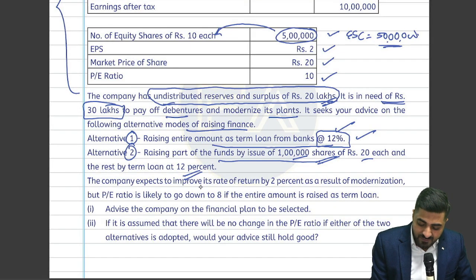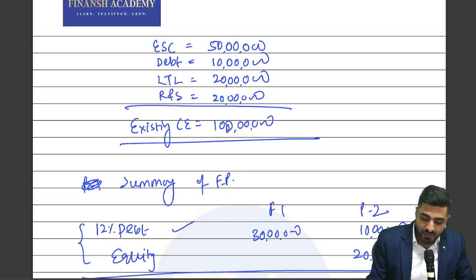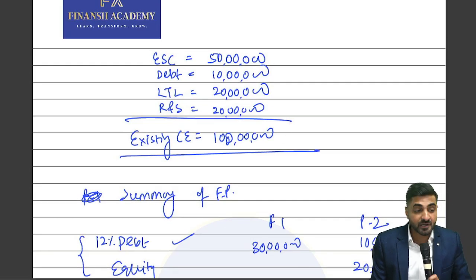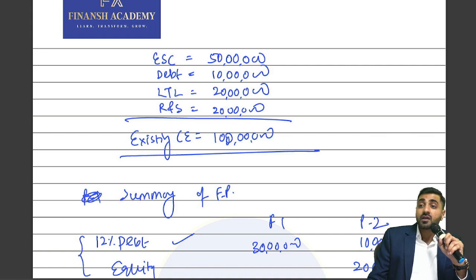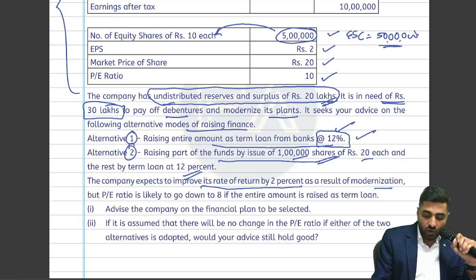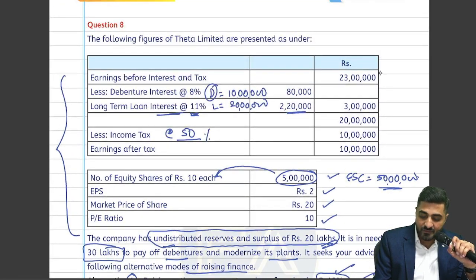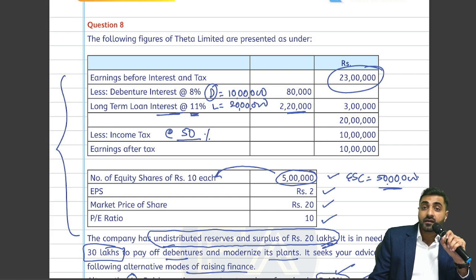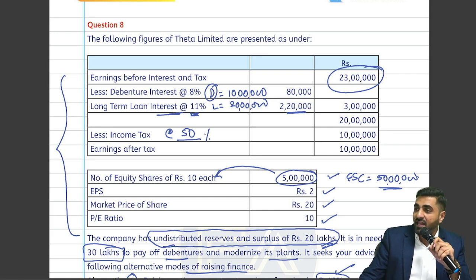The company expects to improve its rate of return by 2% as a result. Everyone, loudly, what is the existing capital employed? 1 crore. Can you all please give me the existing EBIT? So 23 lakhs is your existing EBIT.